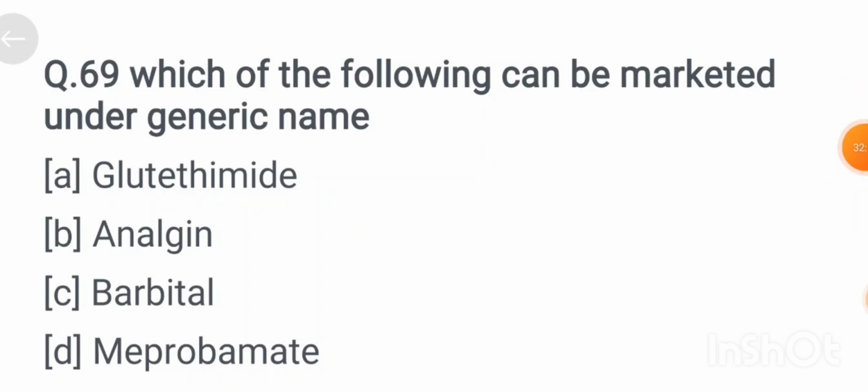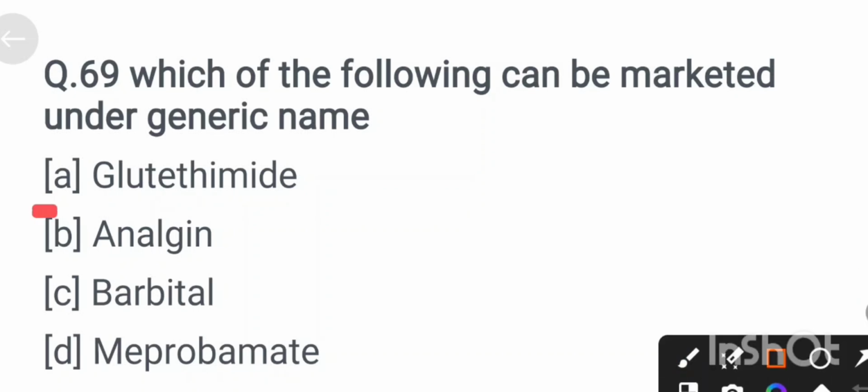Which of the following can be marketed under a generic name? Option A, glutathione; option B, analgin; option C, barbital; option D, meprobamate. Correct answer is option B, analgin.